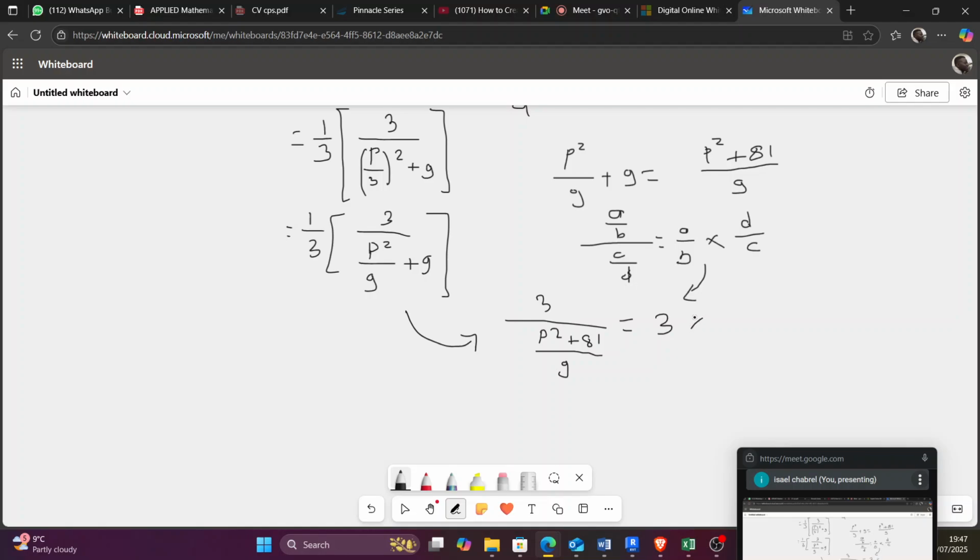The reverse will be 9 over p square plus 81.